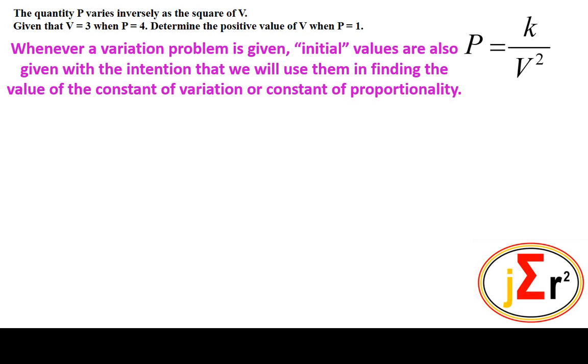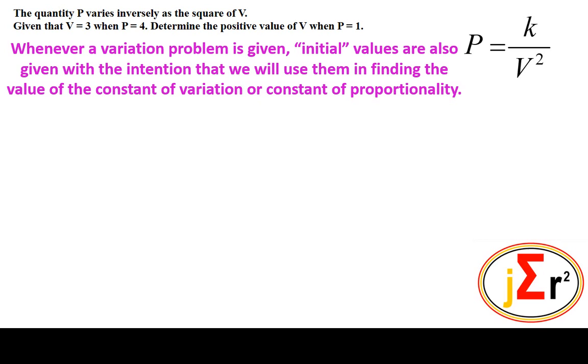Therefore, if we are given the value of P and we are required to find a corresponding value of V, then the constant of proportionality will play a vital role. It is important, therefore, that in the solution of any variation problem, whether it is inverse or direct variation, we attempt to find the value of K first.